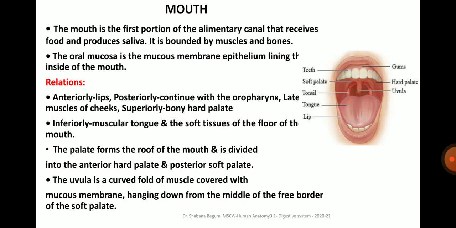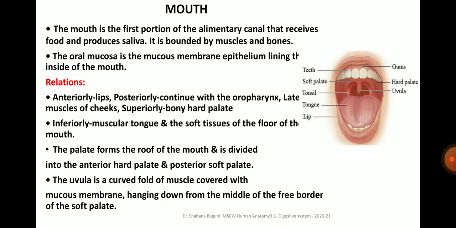Anteriorly by the lips. Posteriorly it is continuous with the oral part of the pharynx. Laterally by the muscles of cheek. Superiorly by the bony hard palate and muscular soft palate. Inferiorly by the muscular tongue and the soft tissue of the floor of the mouth.